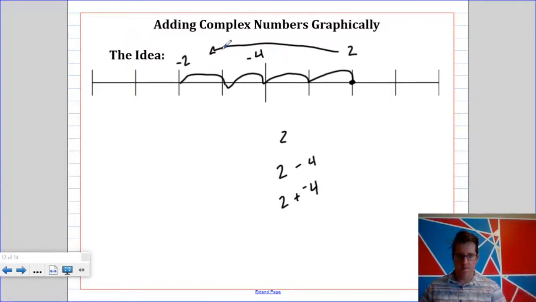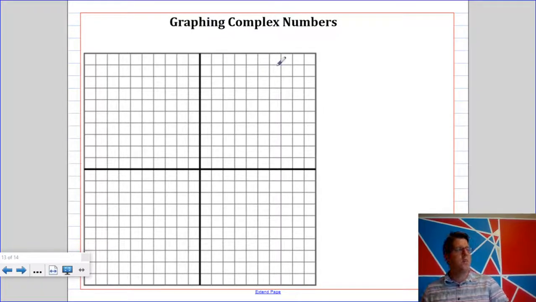Nothing new there. So complex numbers can be represented in the same way, but they're not graphed on a number line, they're graphed on a plane. You need 2 dimensions, one for the real part and one for the imaginary part. So this is the regular real number line, from negative infinity to positive infinity.